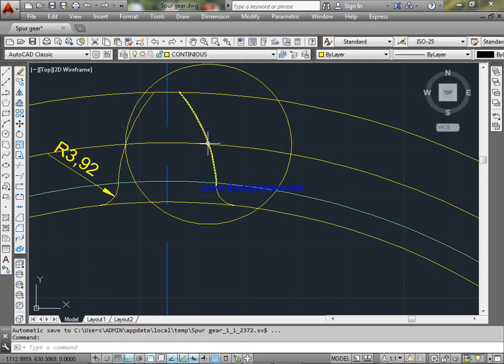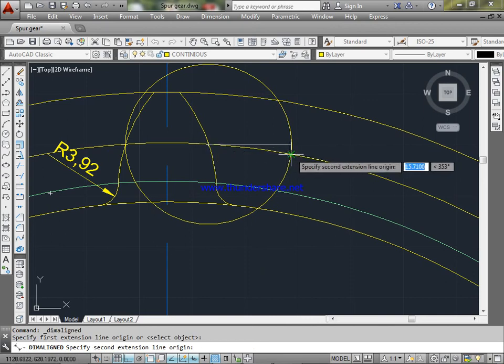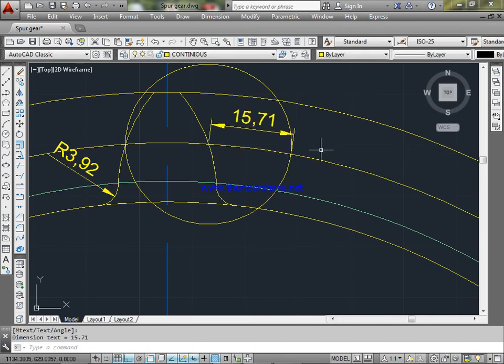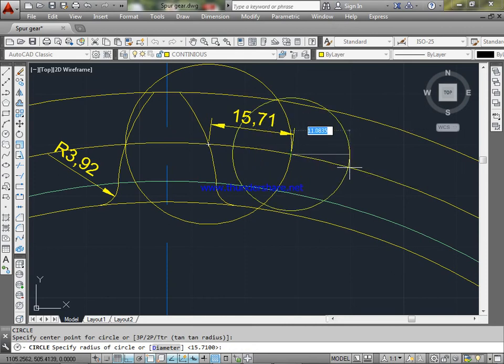So here to there is the gap between the two teeth. Then draw another arc of radius 15.71. At first take the center from here with radius 15.71, and the other arc.